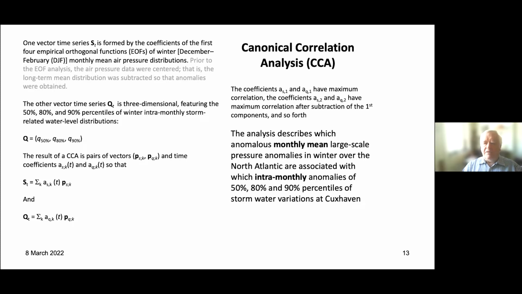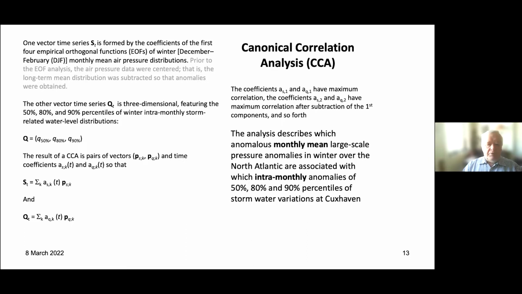Note that monthly mean air pressure has no dynamical relevance for water levels in Cuxhaven. It's the daily air pressure, but not the monthly mean. On the other hand, we have the vector series Q, which is three-dimensional, featuring the 50, 80, 90 percentiles of winter intramonthly storm-related water level distributions. That is what I've shown you just before.